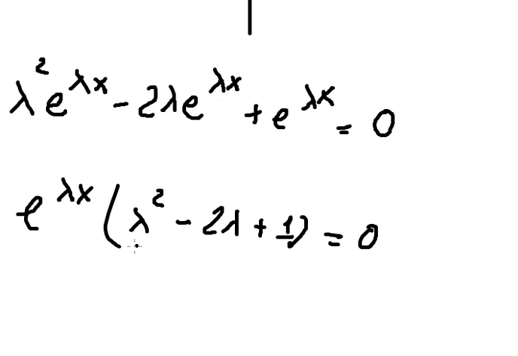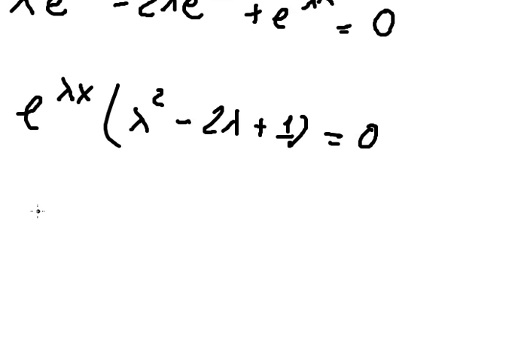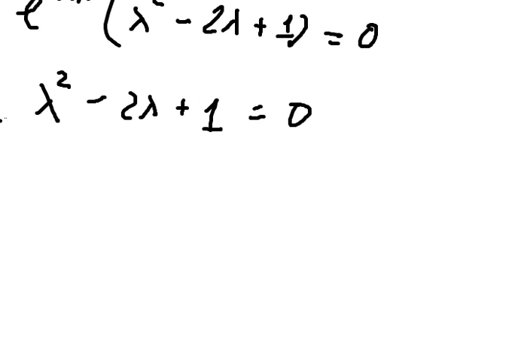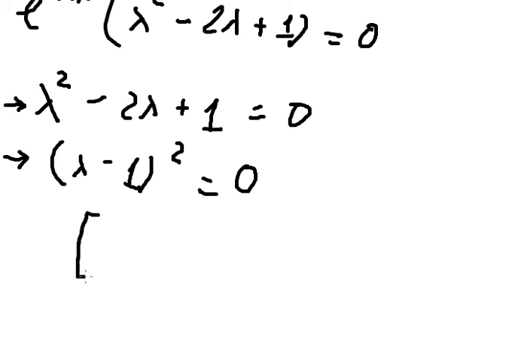so we need to find the solutions of this one. And we know that this one is an identity. So we have two solutions, lambda equals 1, lambda equals 1.